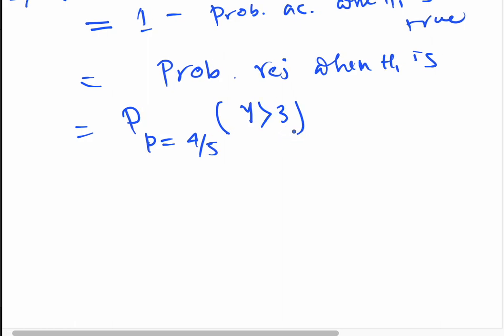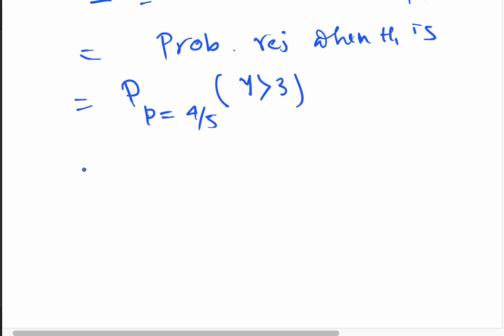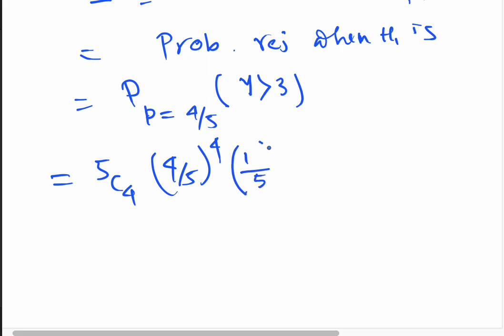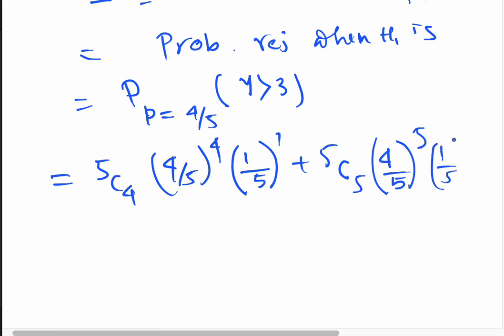One can calculate this. So this will be the probability of 4 and 5, so that will be 5C4 times (4/5)^4 times (1 minus 4/5, which is 1/5) to the power 5 minus 4, basically 1, plus 5C5 times (4/5)^5 times (1/5)^0.